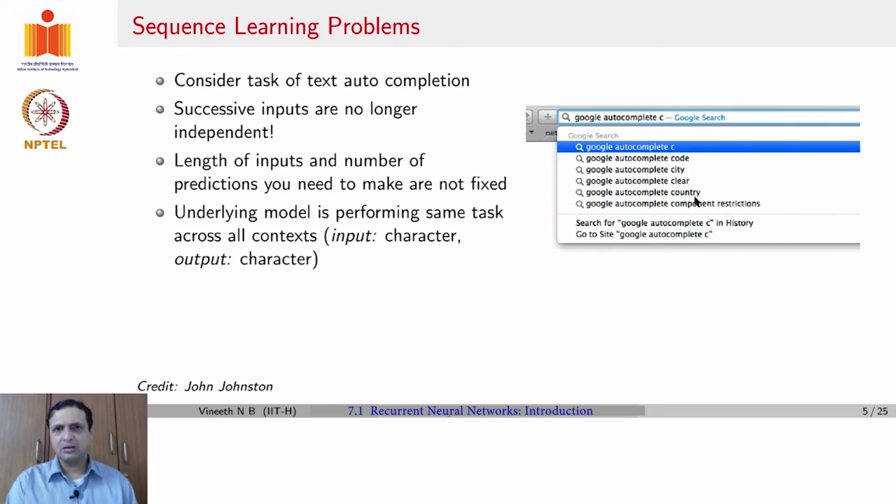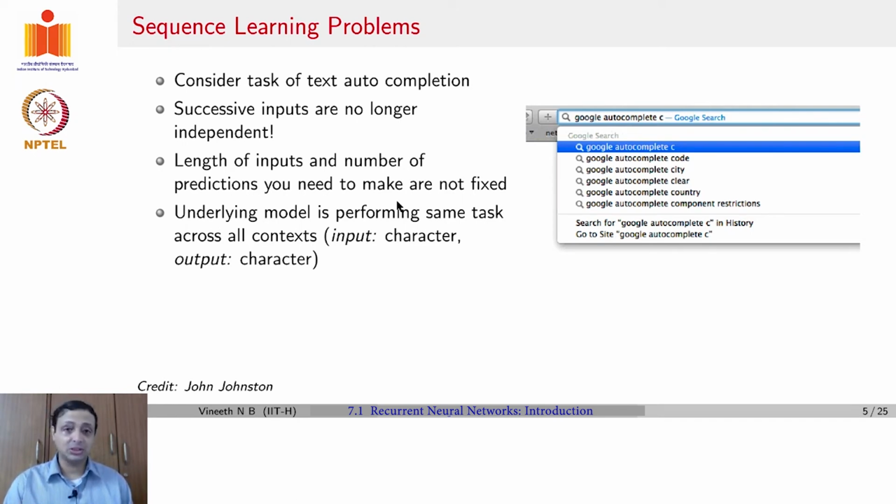Another important takeaway in such problems is that irrespective of what you may have as the input, whether you had 2 words before the C or 3 words before the C or 1 word before the C, the model has to perform the same task across all of these contexts. Given a previous phrase, it has to predict the next set of characters.